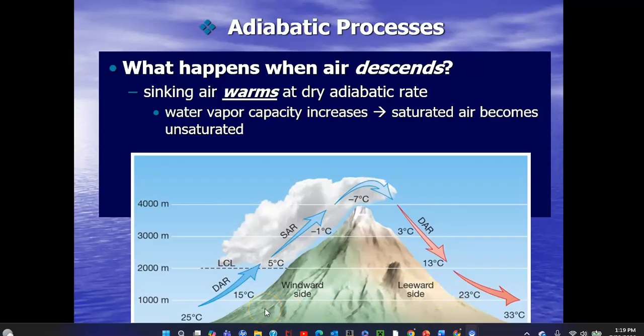What we want to ask ourselves is, just because the air is warming, why is the air no longer saturated? As air warms, its water vapor capacity increases. Therefore, the relative humidity decreases.